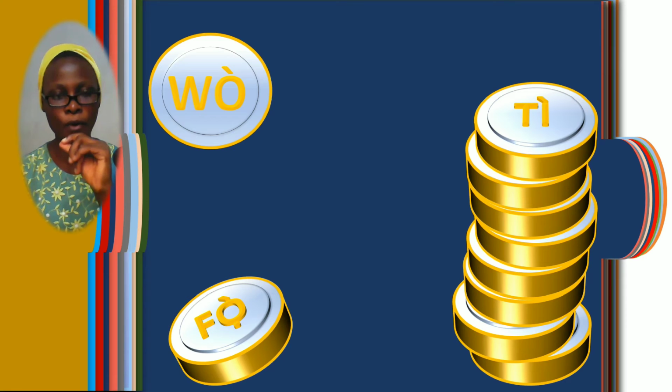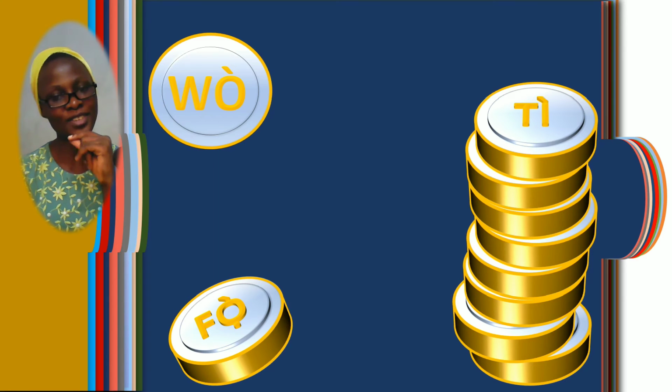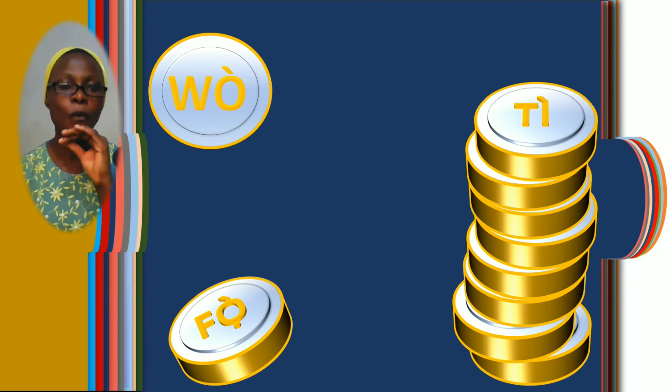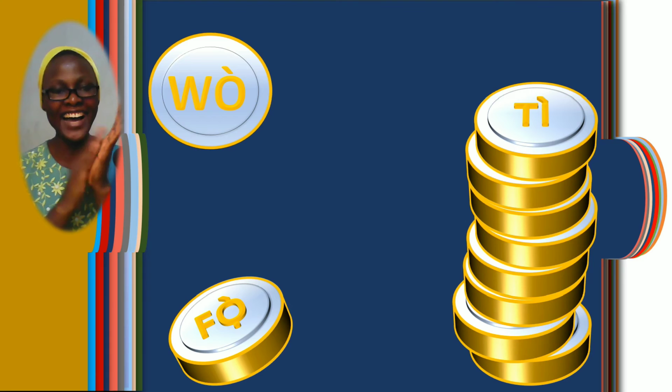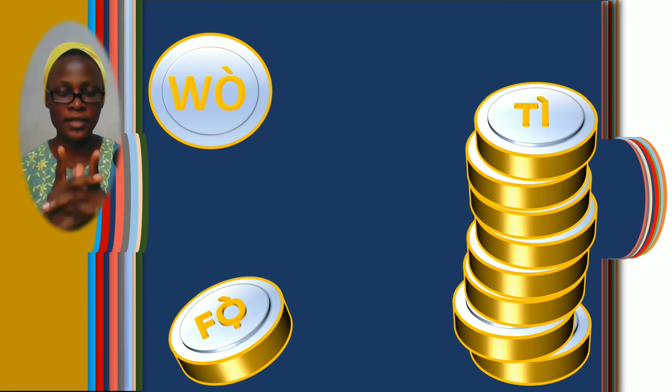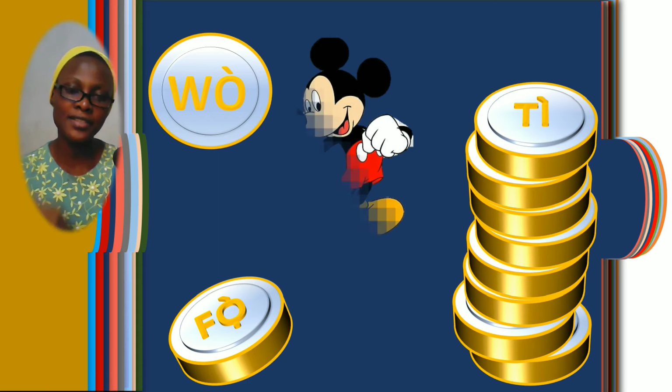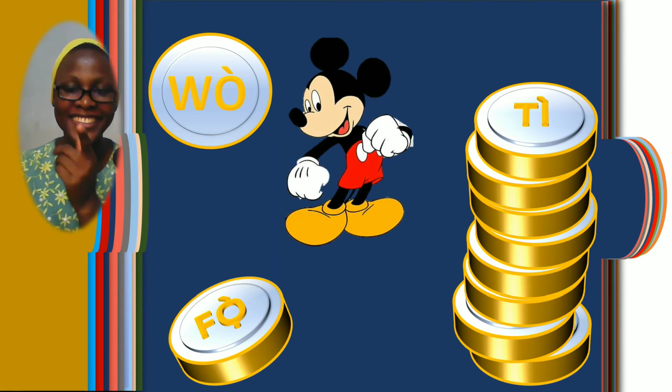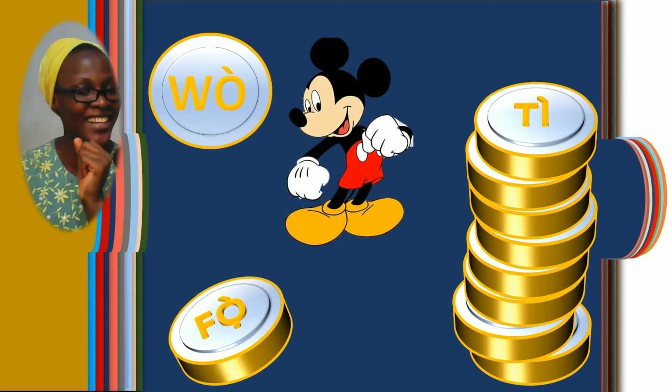O. Add O to B. So it gives you wo. Good job. You are really doing a great job here. So this is wo. And let's see. This clue is a little bit tricky.